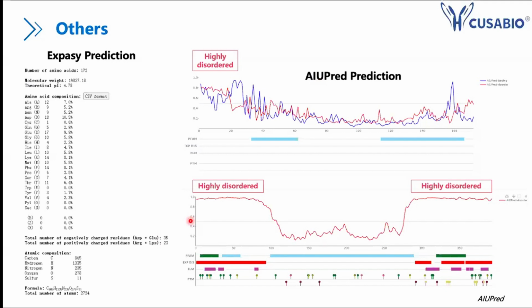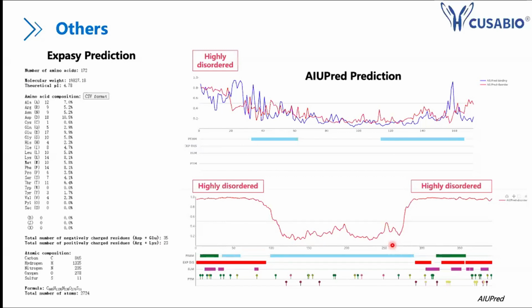It serves as the boundary to determine whether this region is disordered or ordered. If the value is larger than 0.5, I will say that this region is a highly disordered domain. And if it's less than that value, this part is structured.